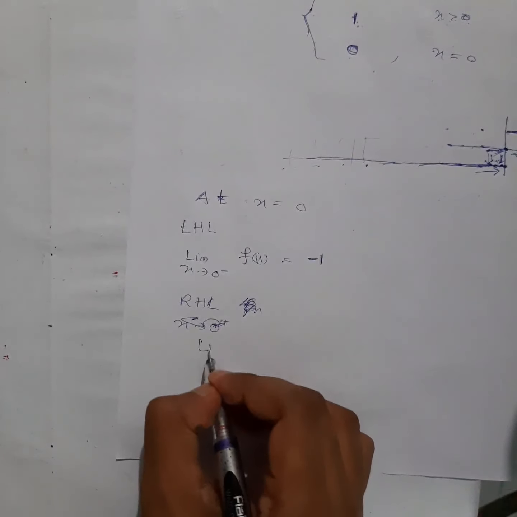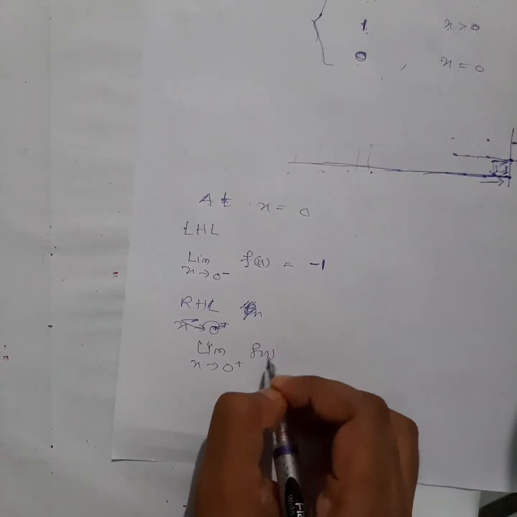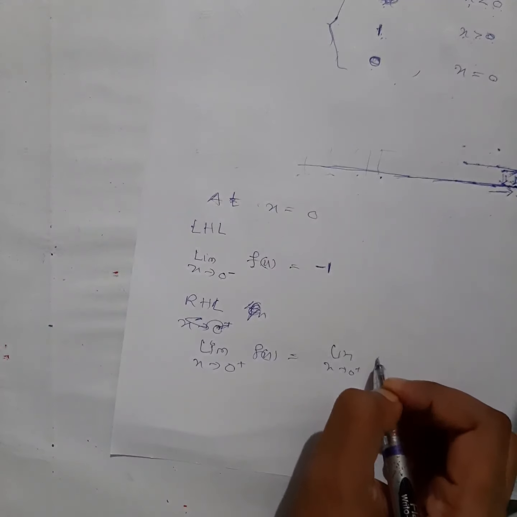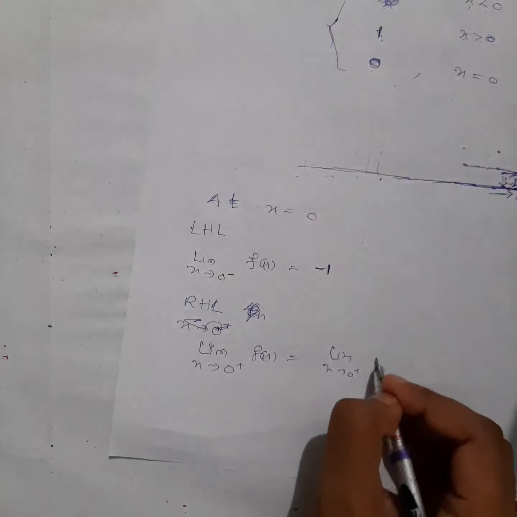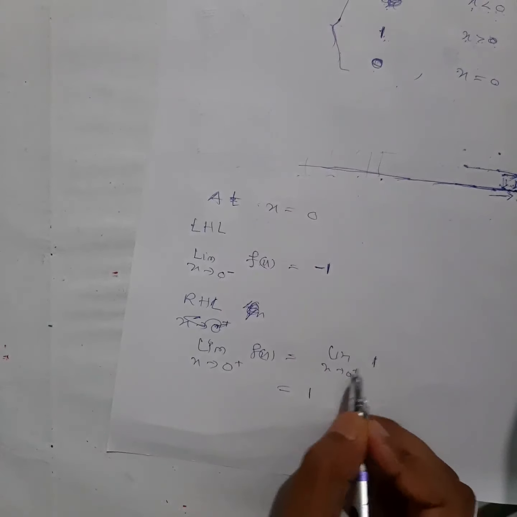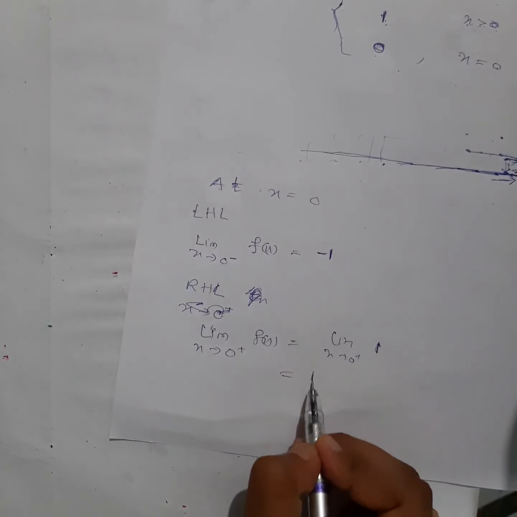Left hand limit, right hand limit we are finding. Limit x tends to 0 plus of f(x) is equal to limit x tends to 0 plus of, this will be what? The function will be 1 directly, right? It is a constant value, so directly the answer will be 1 here. We don't have to put 0 anywhere because there is no x. So the answer will be 1 only.